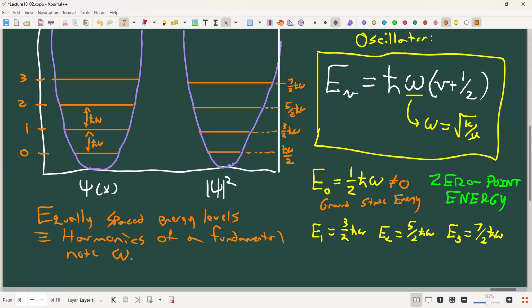There are no added complications. It works exactly the same way as a spring does, except a spring can have any energy. You can set your spring to be A, B, C, D, E, F. But a quantum mechanical spring, if it's A, it's always A. And it scales as the octaves.